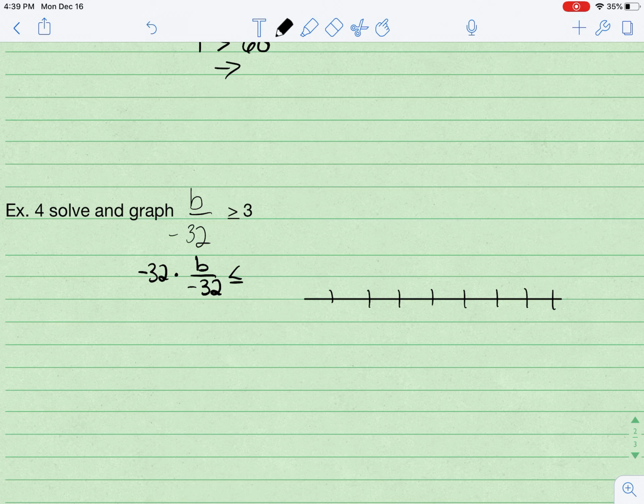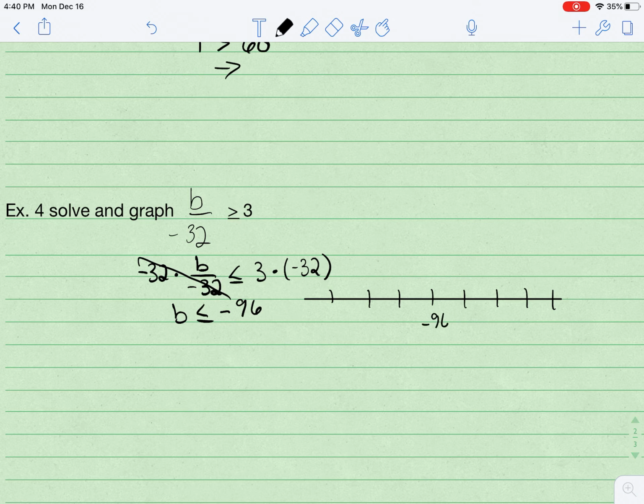So now b is going to be less than or equal to 3 times negative 32. Okay, the negative 32s cancel out, leaving us with b, and b is less than or equal to negative 96. So positive times a negative will give you a negative.